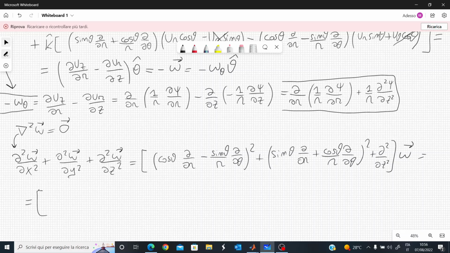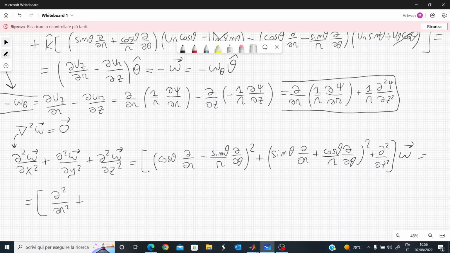So when you consider the square of this, you will get d squared over dr squared cosine squared also, but when you also square this, you will get a similar term with the sine squared. So you get sine squared d over dr squared. So you get in total d squared dr squared, and this should multiply cosine squared plus sine squared, but that's 1. So you just simply get this term.